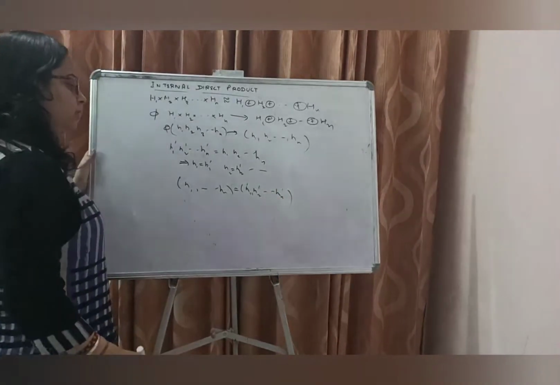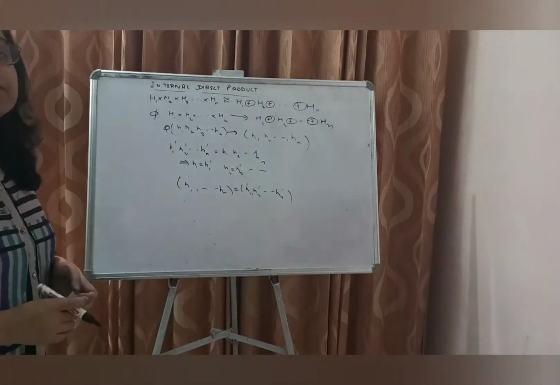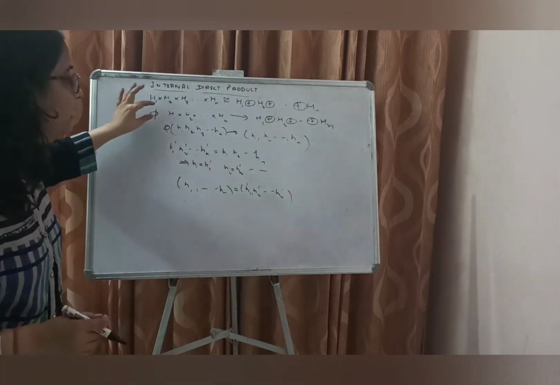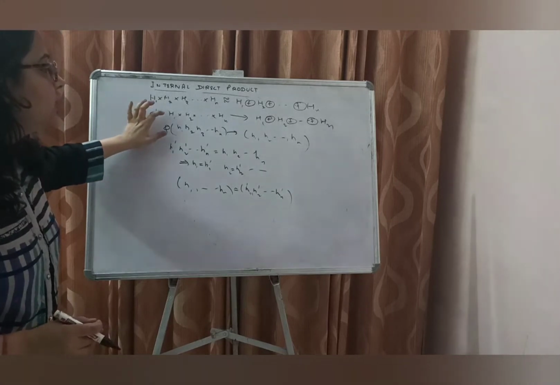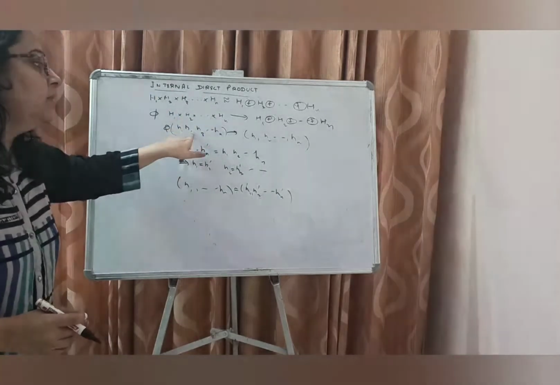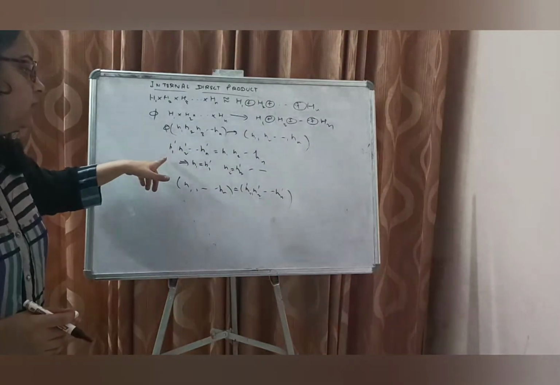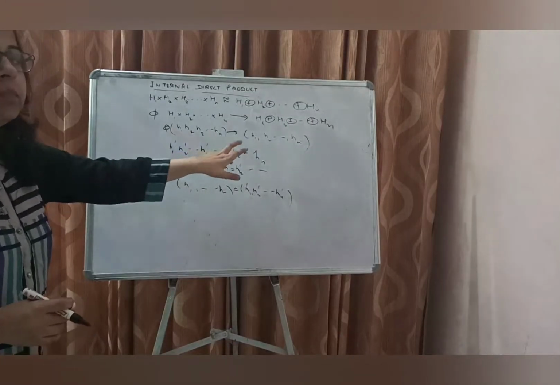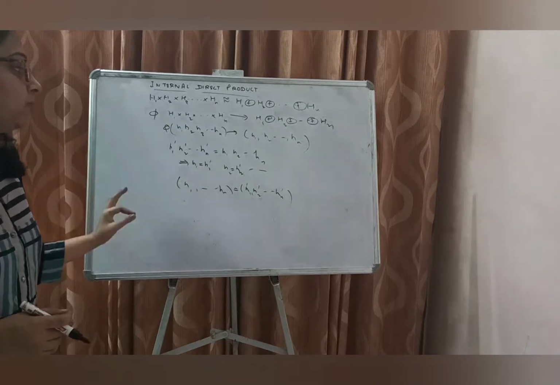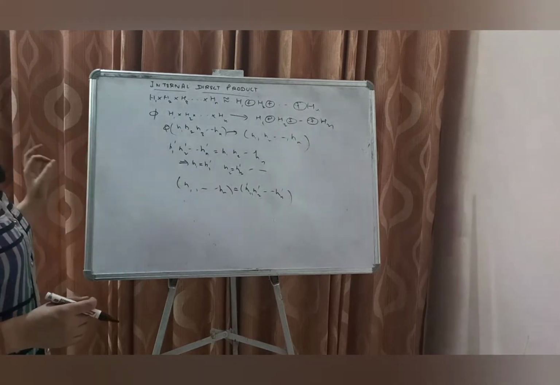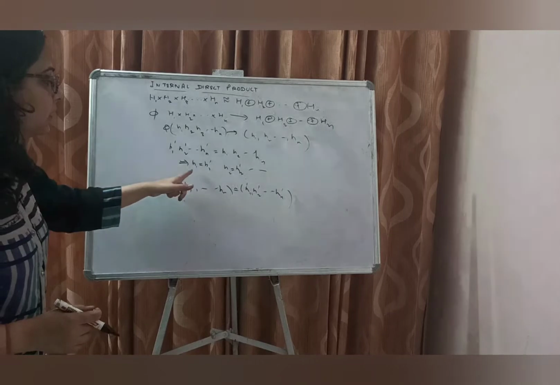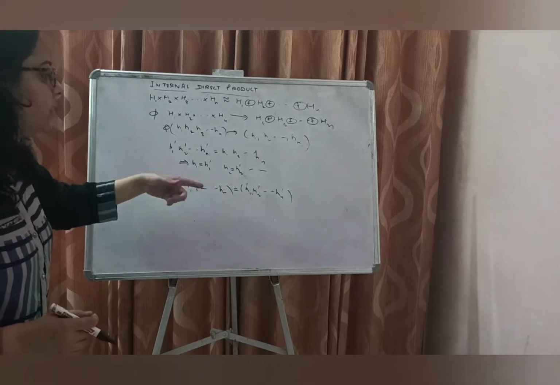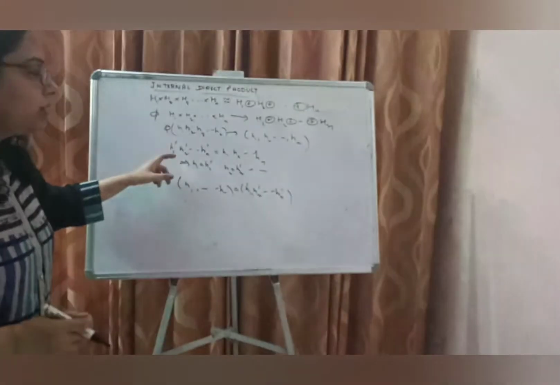Why did we prove the uniqueness? To prove that this mapping is well defined, we needed that every representation as a product of elements in the Hi's be unique. We can prove that this mapping is well defined only when we have the result that this representation is unique.